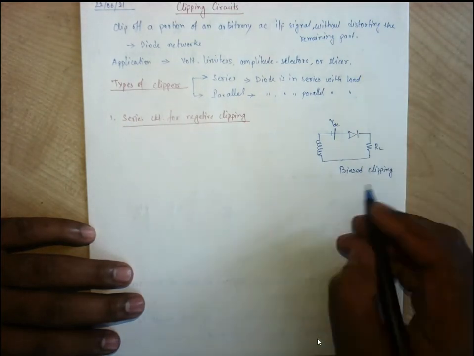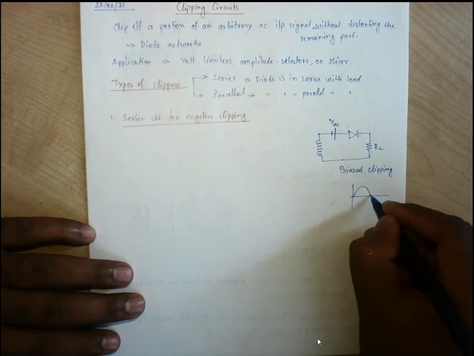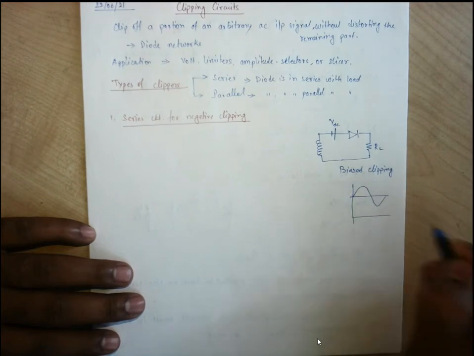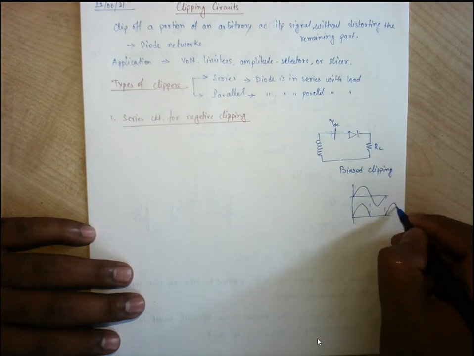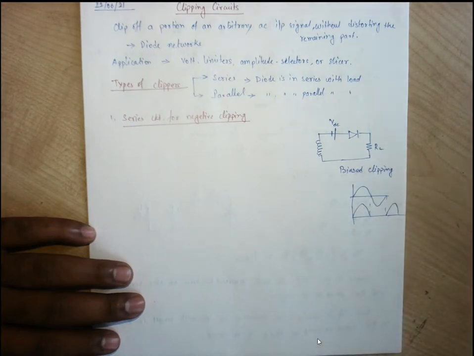If this is our input for a single cycle, what we are expecting is that this positive half will be there. After that another positive half will be there in the output.